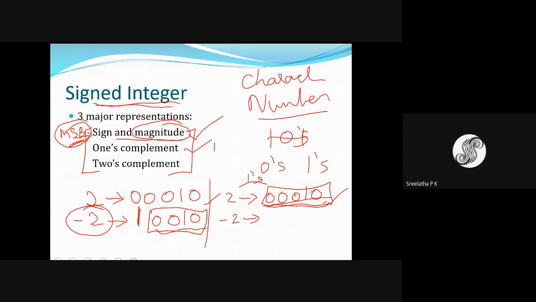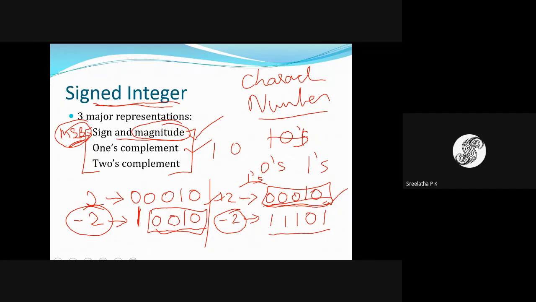Binary digits consist of 1 and 0, so the reverse of these bits is the one's complement, that is 11101 is the one's complement of plus 2. That means minus 2 is represented by 11101. So this is the one's complement system of representing signed integers.